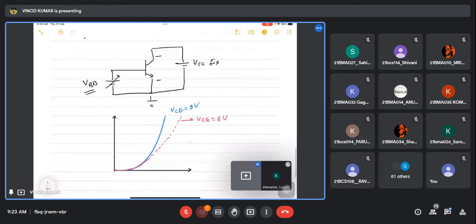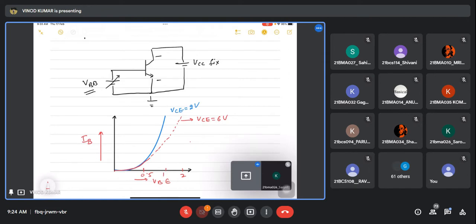This is VBE, 0.5, 0.6 volts like this. This is current, because input current is IB.